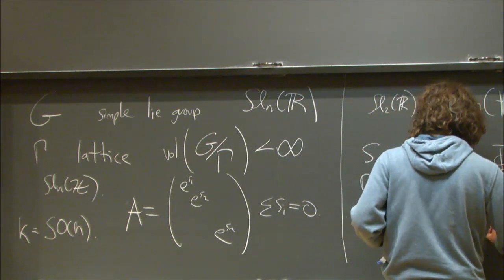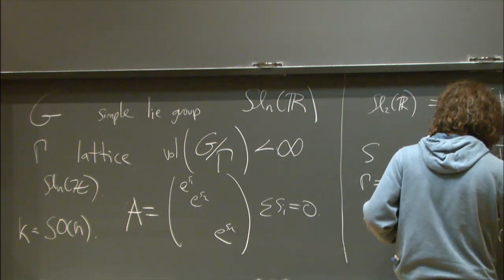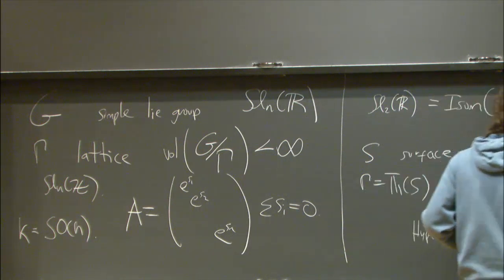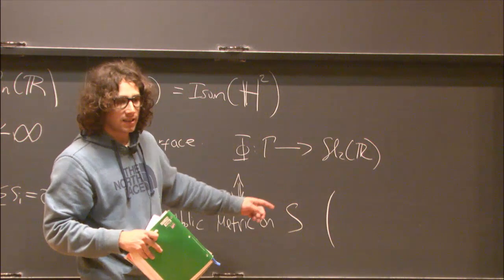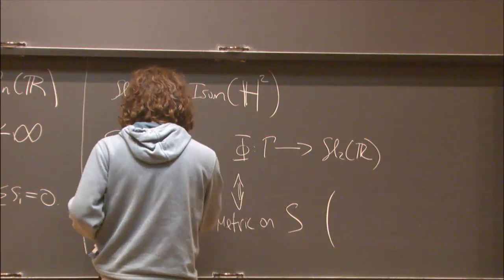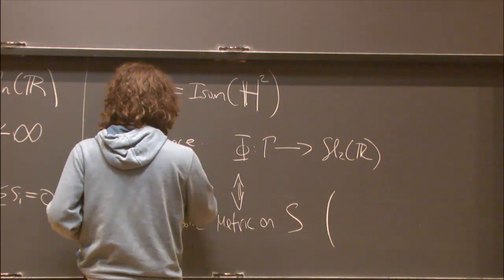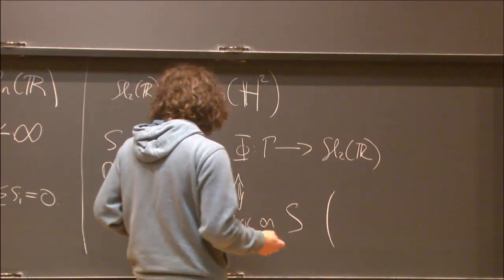And there are many hyperbolic metrics on a surface, here a closed surface of genus greater than 2.